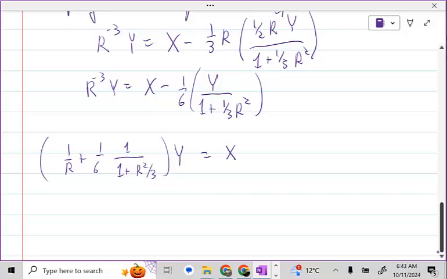Now if I put this over a common denominator, I'm going to get what? I'll get 1 plus R cubed over 3. Sorry. It's okay, hang on a second. We'll get there. Let's try again.